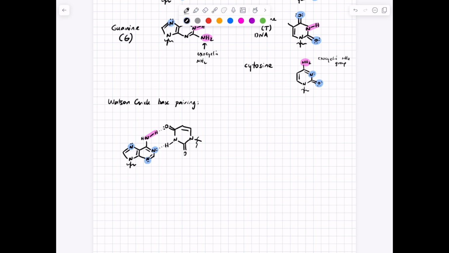All right, so this is a Watson-Crick base pair between uracil and adenine.